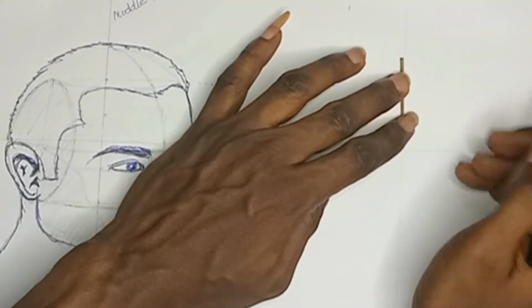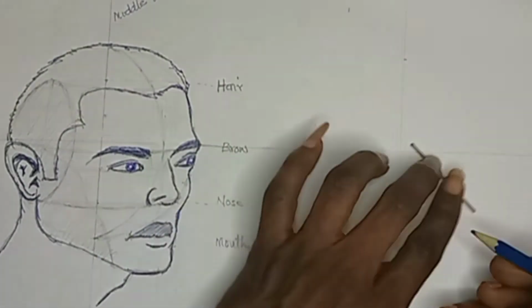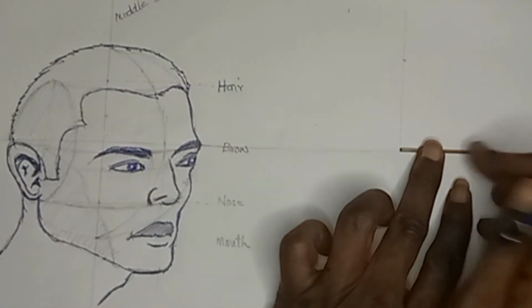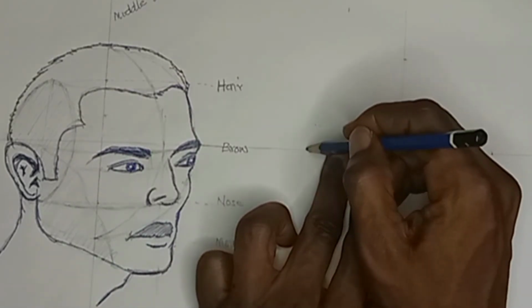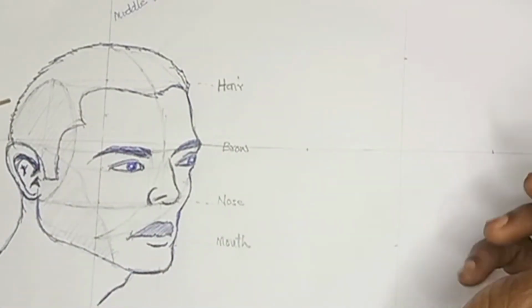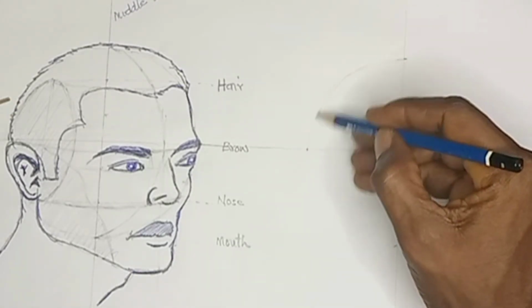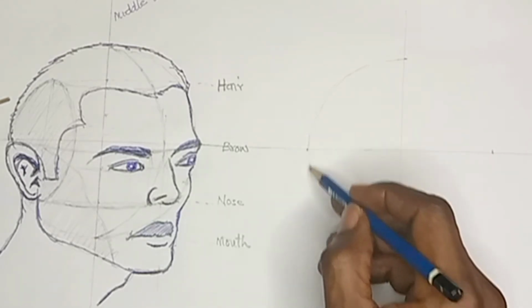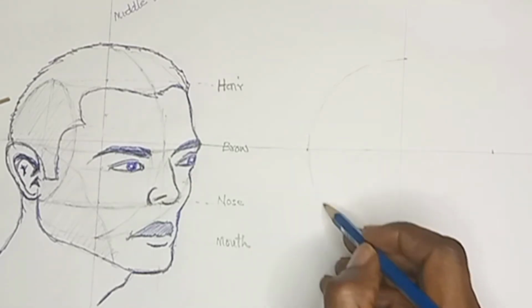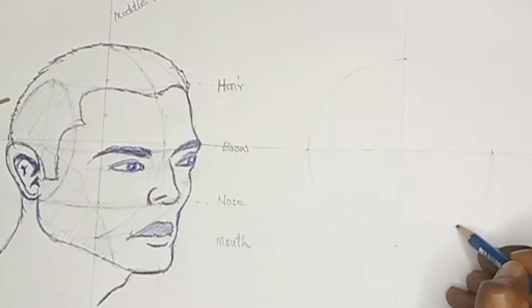Next, drawing the part where the head is facing up. Now I'm drawing a circle.